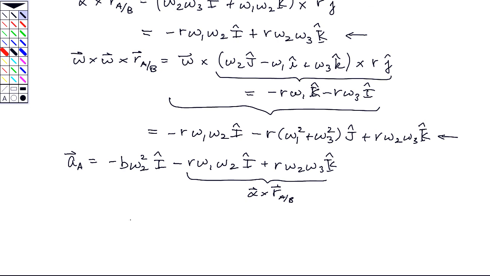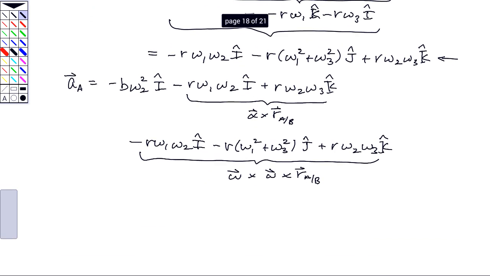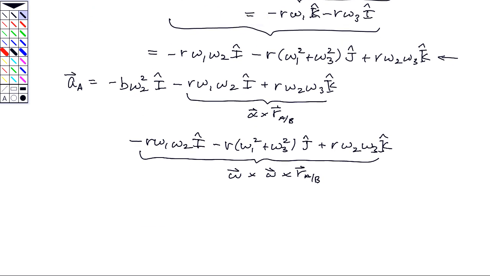So that's minus r omega 1 omega 2 in the i hat, minus r omega 1 squared plus omega 3 squared in the j, plus r omega 2 omega 3 in the k. And that whole thing is the omega cross r part of this. And then all we have to do is collect all those terms and write them in a reasonably convenient form.